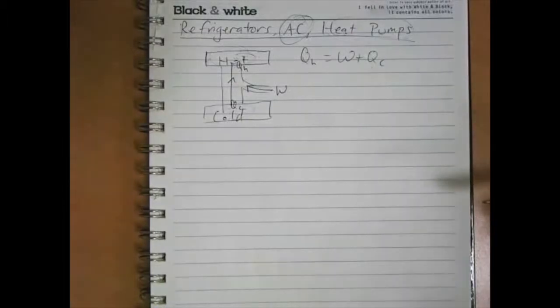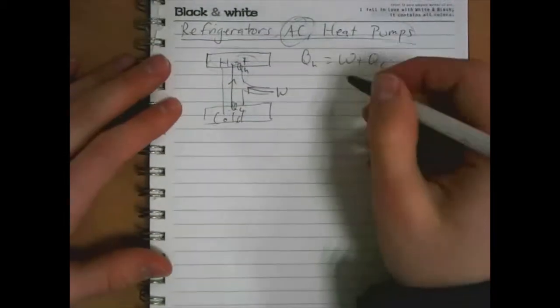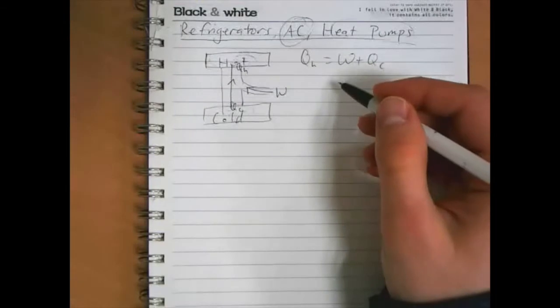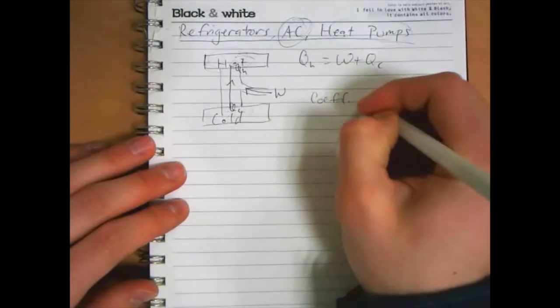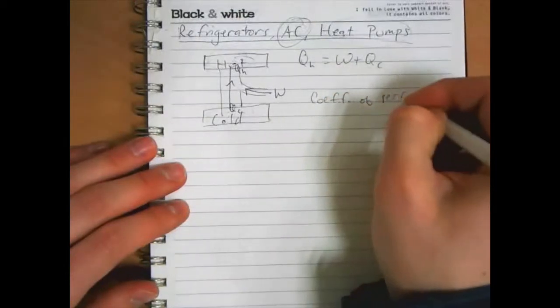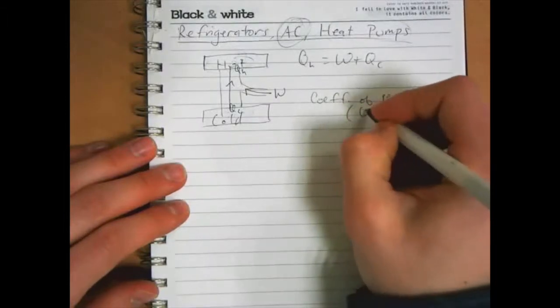So typically for refrigerators, air conditioners, and heat pumps, unlike a heat engine, which has its efficiency, these three have what's called a coefficient of performance, which is often abbreviated COP.